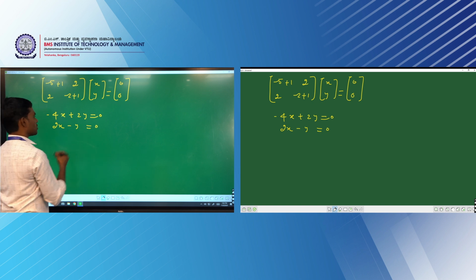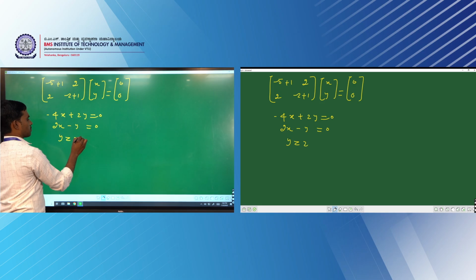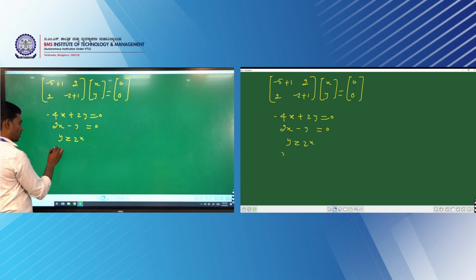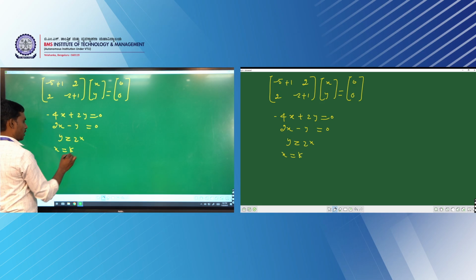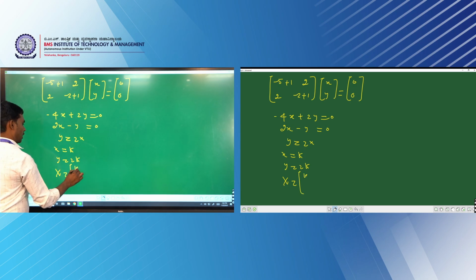Again you look at both the equations, they look the same, so I will take y equal to 2x. So now we will substitute the x value as k and the y value becomes 2k. Now the corresponding eigenvector equals k and 2k.